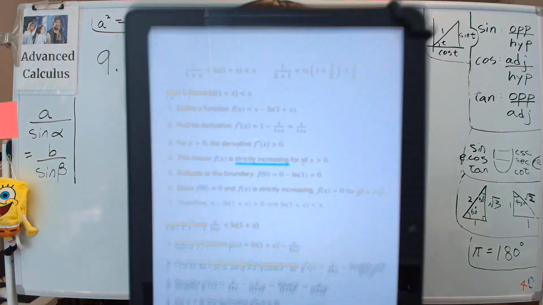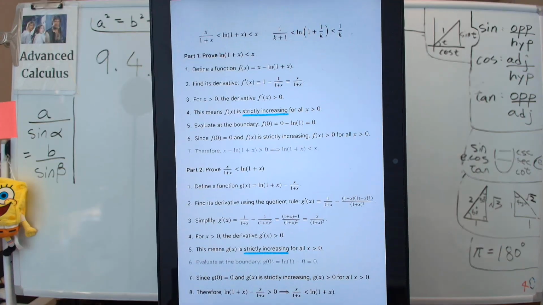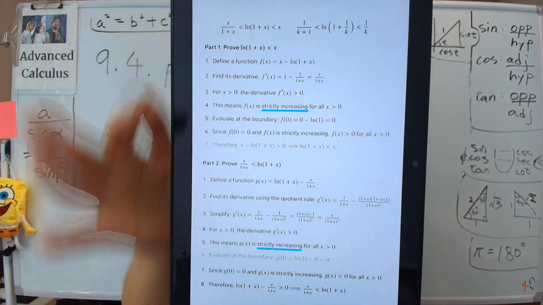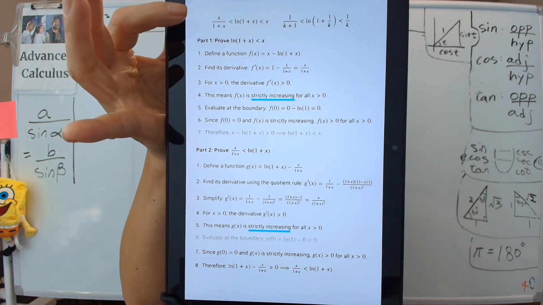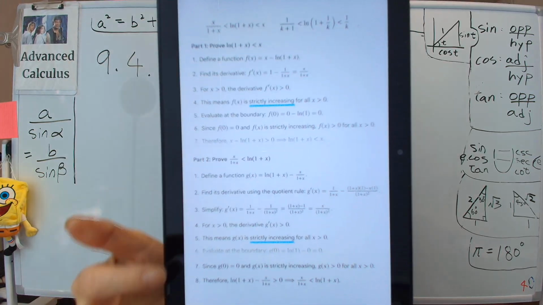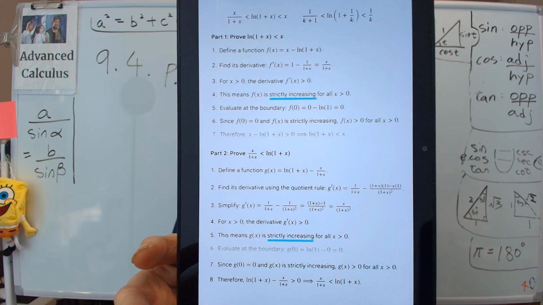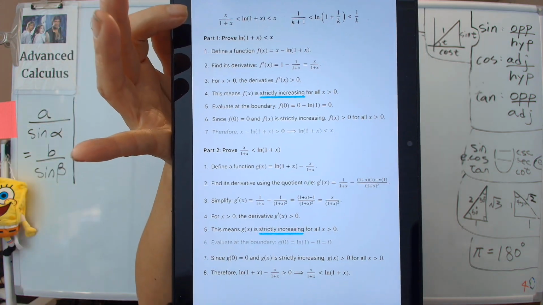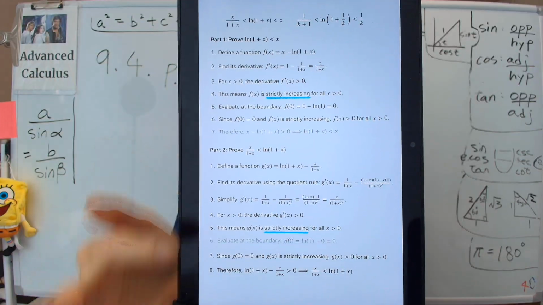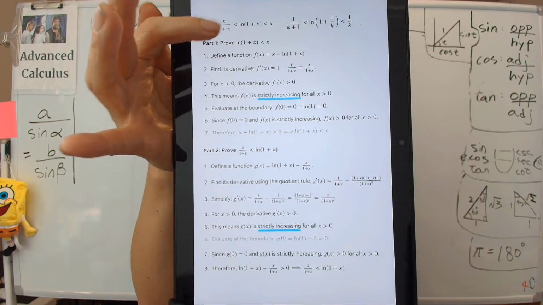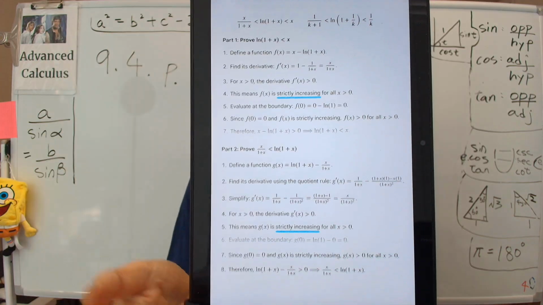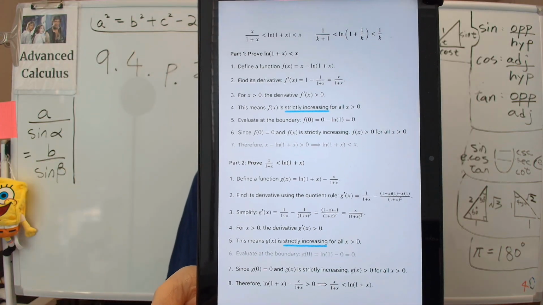The hint is this sentence right up here, and the rest of it is the proof of the hint. I had Google type out the proof of why this is true. This is generally true, and here's the proof. But this equation right here is what you might need for doing problem 14.